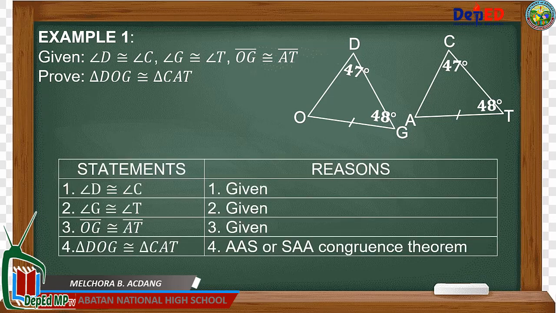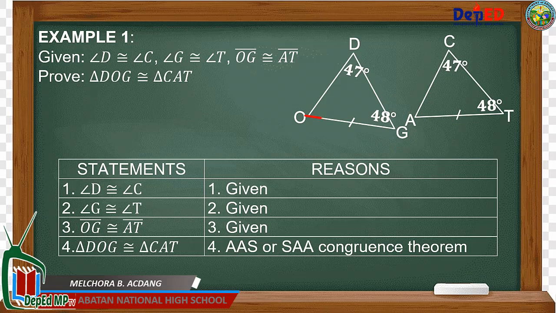So statement number 1. Angle D is congruent to angle C. The reason for that statement is given, since it is one of the given information. Number 2. Angle J is congruent to angle T. The reason for that is also given. Number 3.